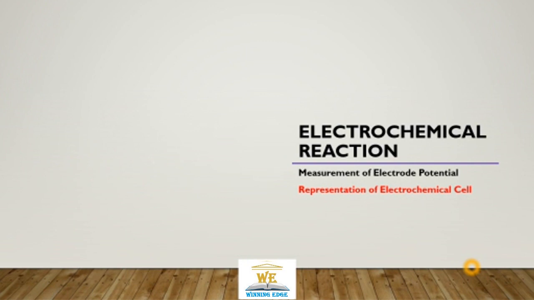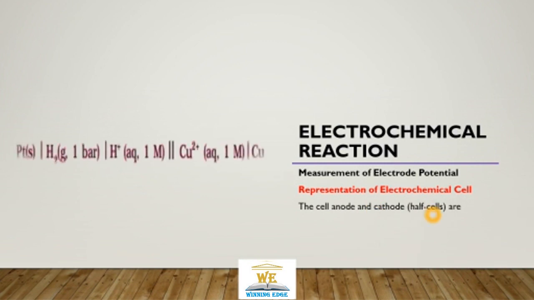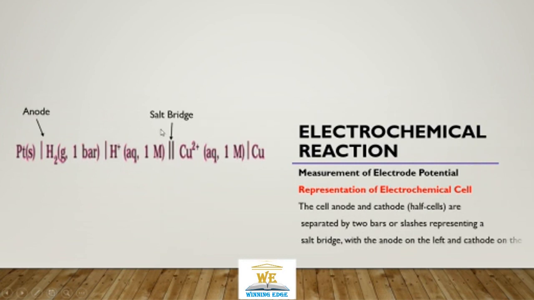Now, how do we represent an electrochemical cell? Let's try to understand. The anode and cathode, which are half cells, are separated by two bars, which represent a salt bridge, with the anode on the left side.